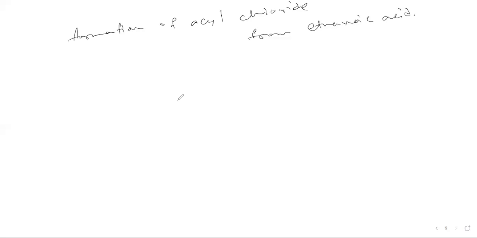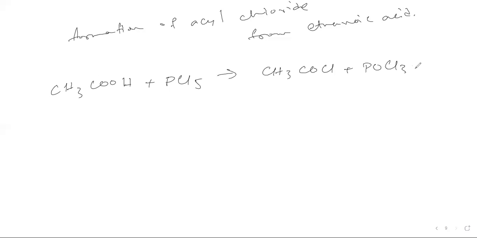So now let's say we have ethanoic acid, CH3COOH, plus PCl5. This is just a reaction you need to remember. CH3COOH reacts with PCl5 and produces CH3COCl, the acyl chloride, and POCl3 plus HCl.